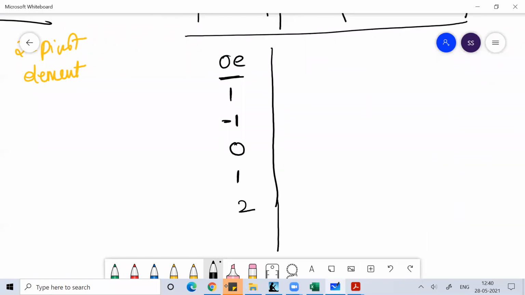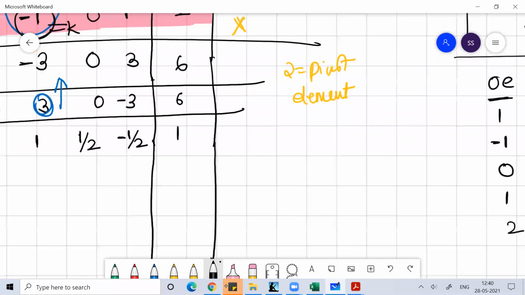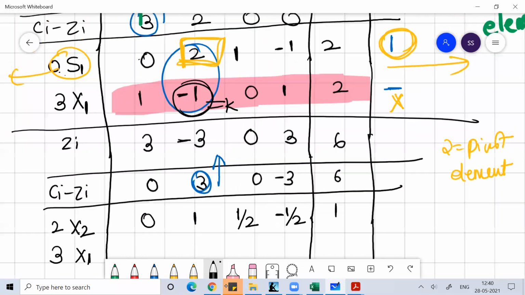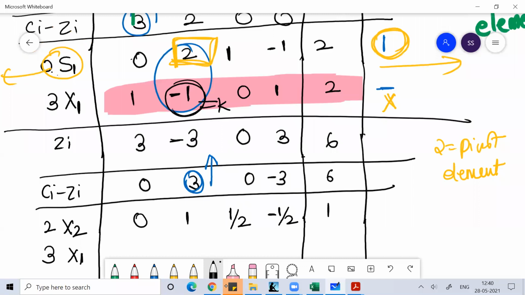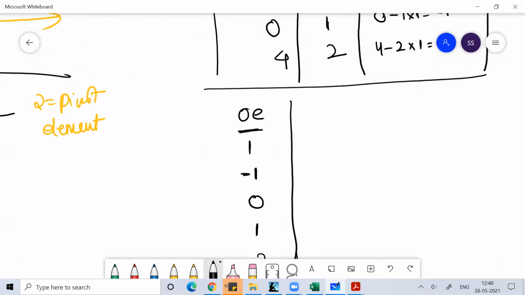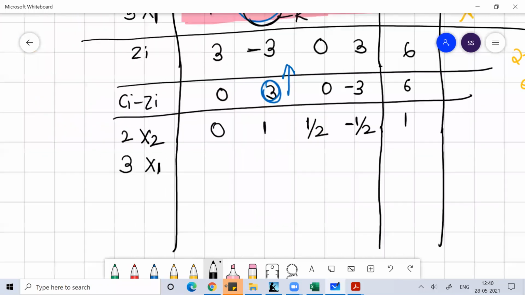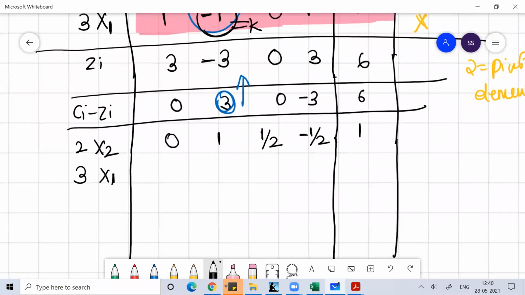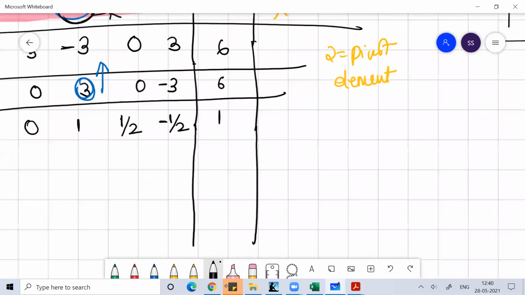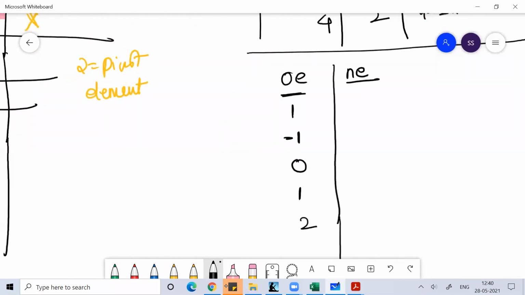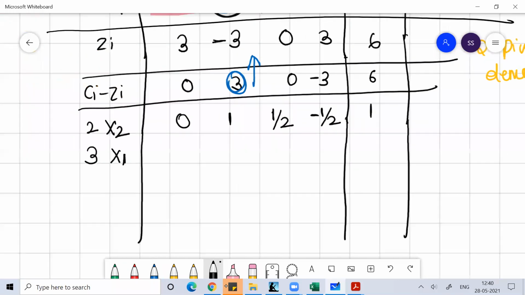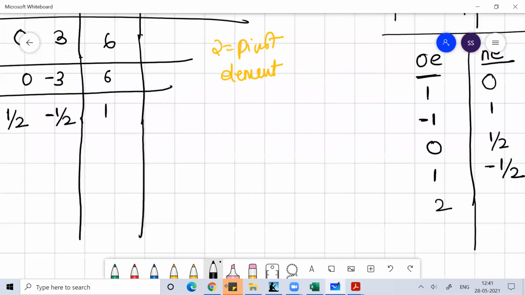So these are the old elements, and your constant is minus 1. What is your new element? The new element is the new values you get of x2, that is 0, 1, 1 by 2, minus 1 by 2, and 1.